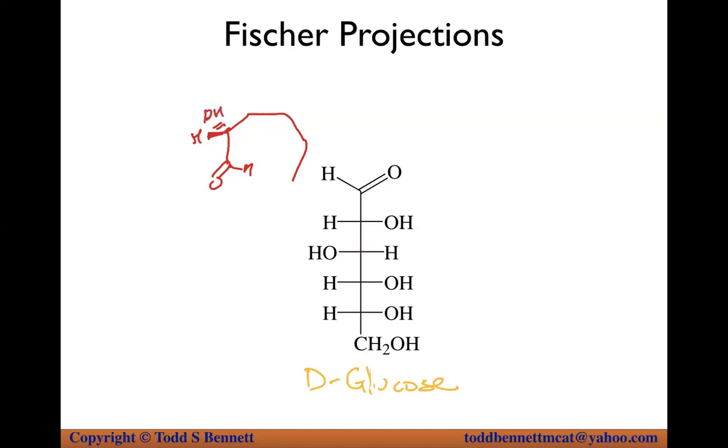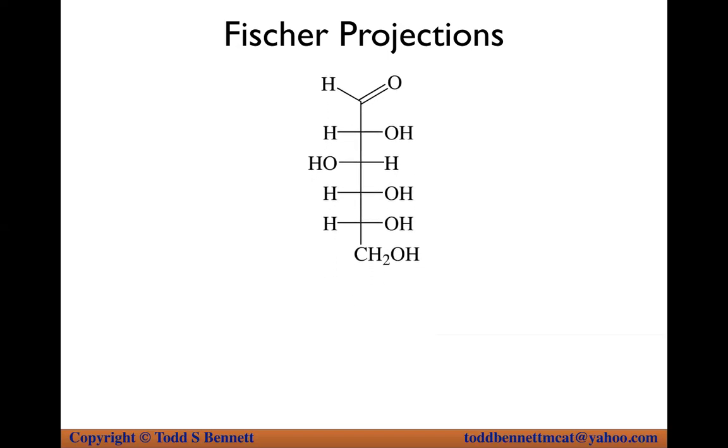And this one I would have OH because it's on the left, H in the back. So I'm going to just stop drawing because it's not helping anybody. But keep in mind the bow ties. So bow ties represent where everything is, and the dash wedge represents a compound pointing towards the back. So this is glucose.